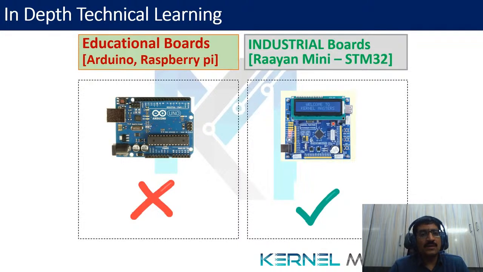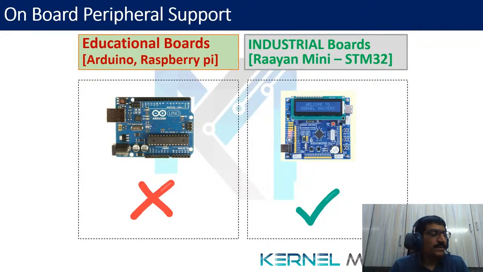Second, technical learning, how things run, is important. Onboard peripheral support is also one of the important factors. If you have many peripherals, you can do complex projects and fulfill many requirements.